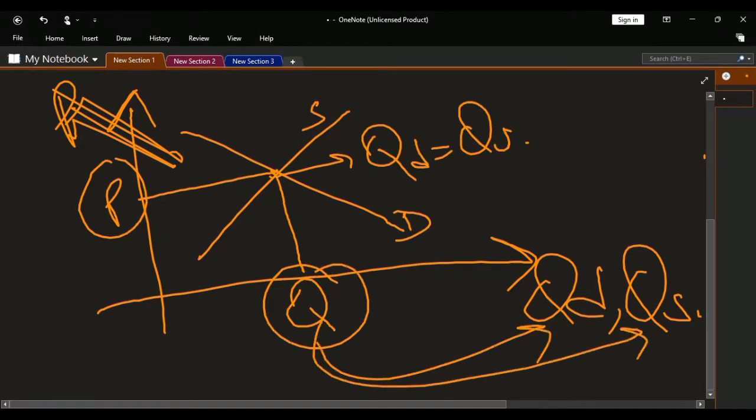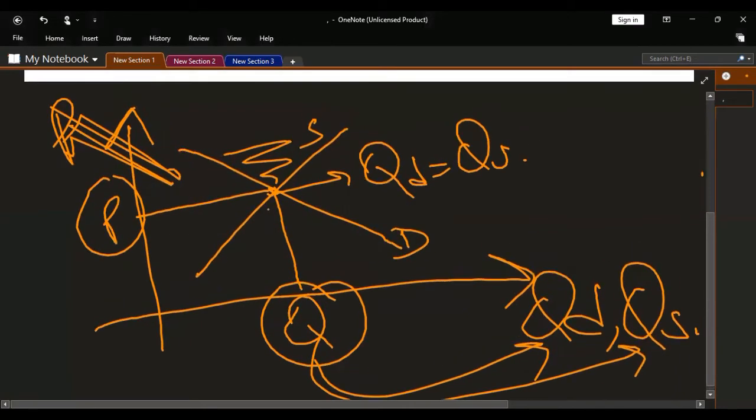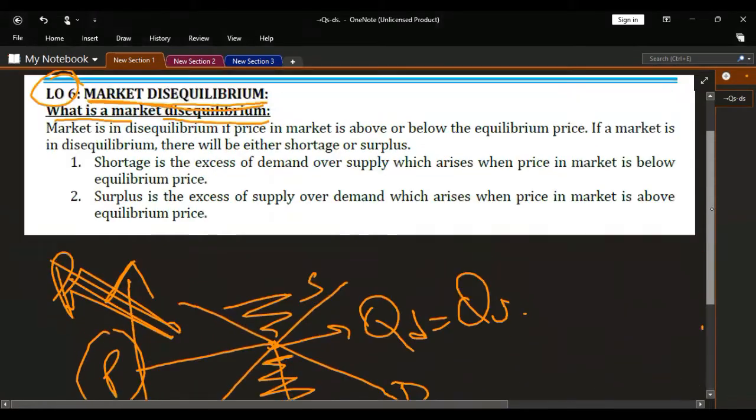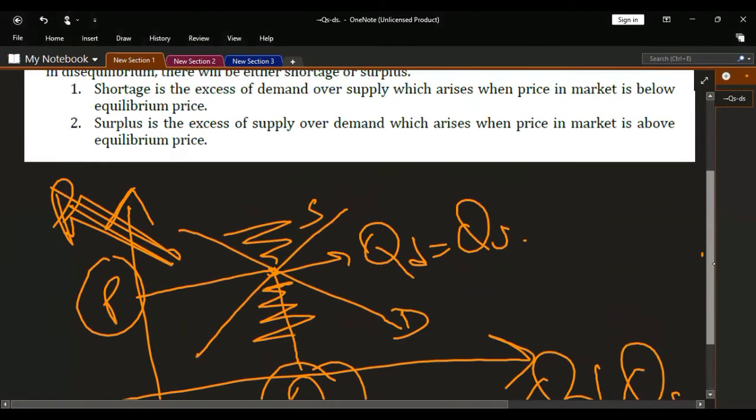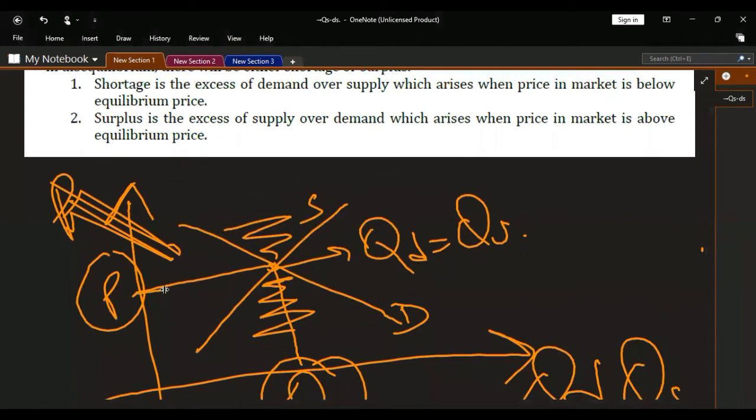If you move upward from this equilibrium point or below from this equilibrium point, the market becomes disturbed, or the market goes to disequilibrium. So if you remain at the same price, then the market is at the equilibrium point, the point of demanded and supplied quantity.